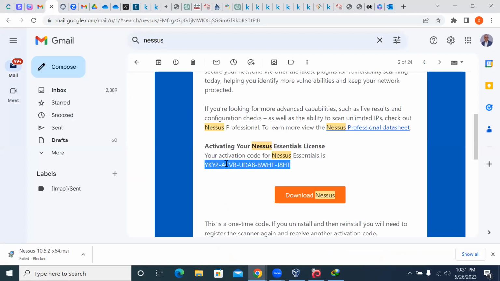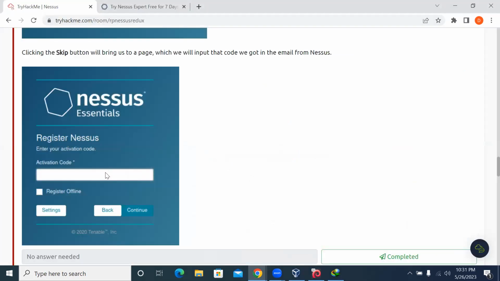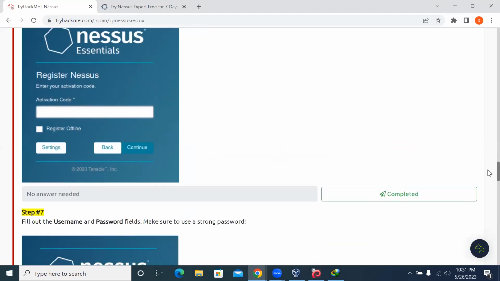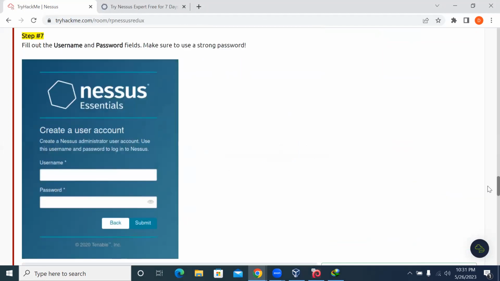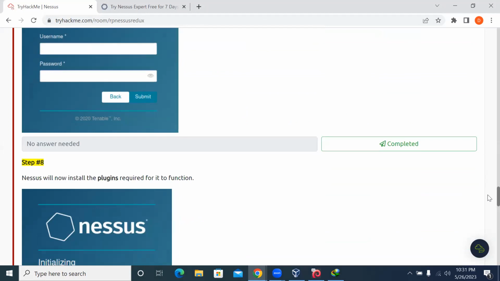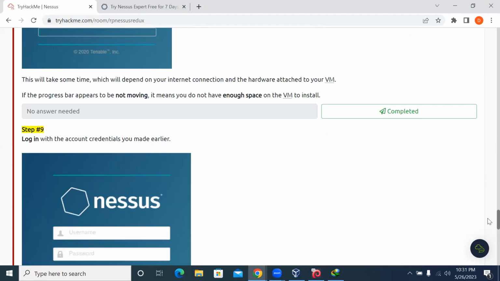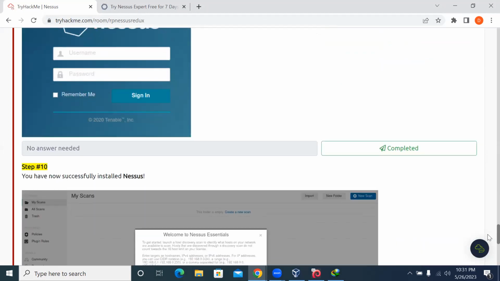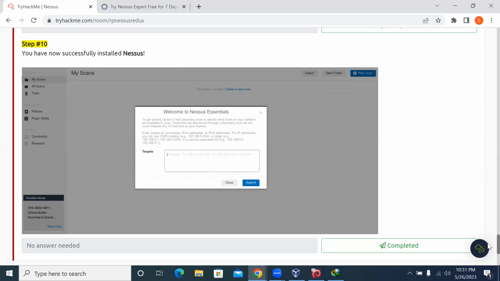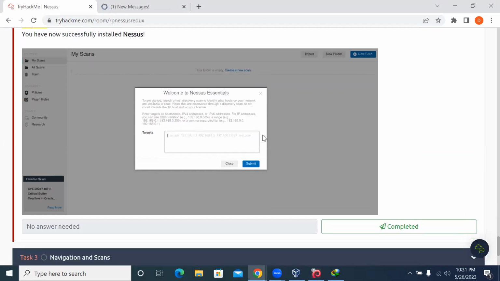You copy the activation code and drop it here, then you continue until you get to the desktop. You put in a username and password that you'll be using to log in, then you initialize, and that is how you set up your Nexus. When you set up Nexus, you will have something like this at first.